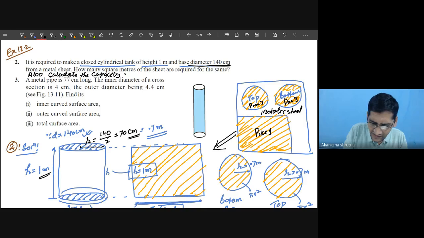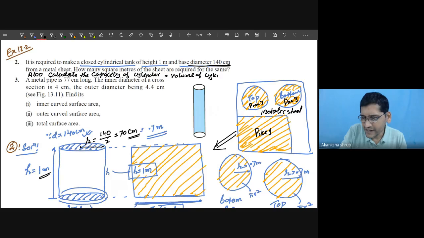Or maybe they ask volume of cylinder, meaning the same thing. So students, in capacity or volume, what to do? Nothing but just apply the formula. That's all. There is no difference.